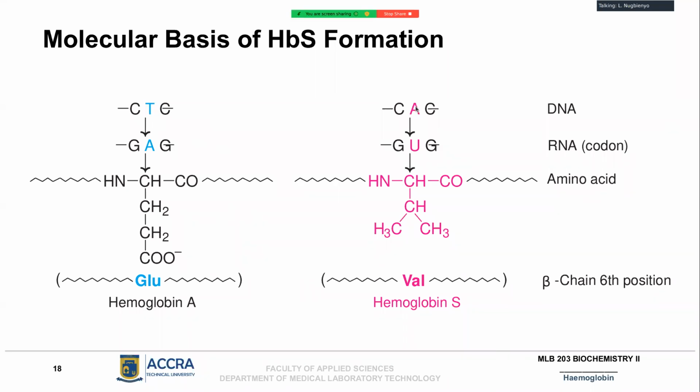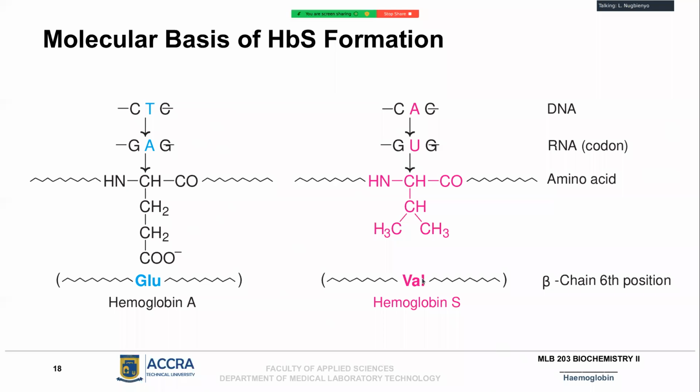So this is a missense mutation, and you have adenine in place of thymine. And because of that, on the messenger RNA, instead of adenine, we now have uracil as the complementary base for adenine on the DNA. Now, on this messenger RNA, the code GUG is responsible for the amino acid valine. Valine instead of glutamic acid or glutamate in the normal hemoglobin.